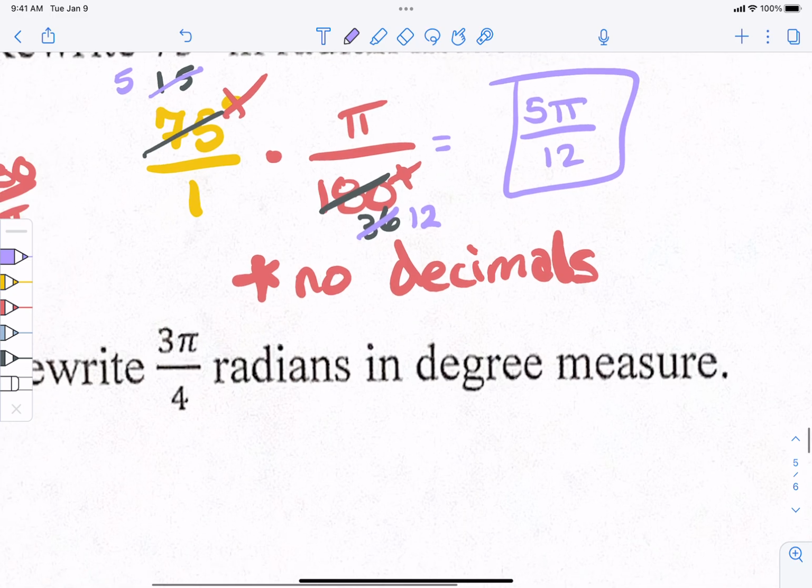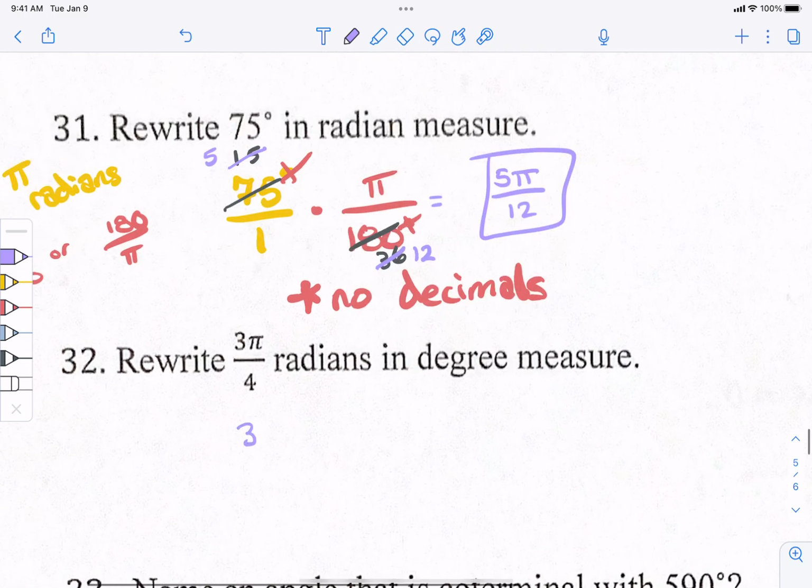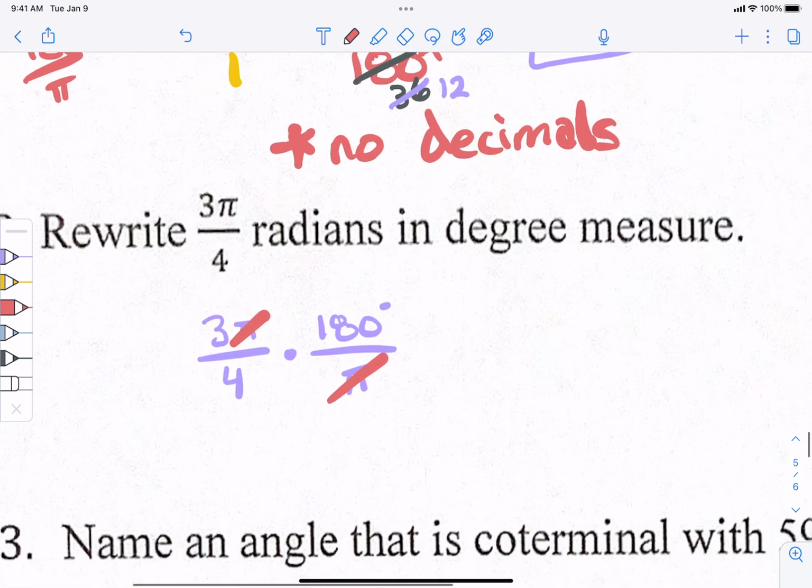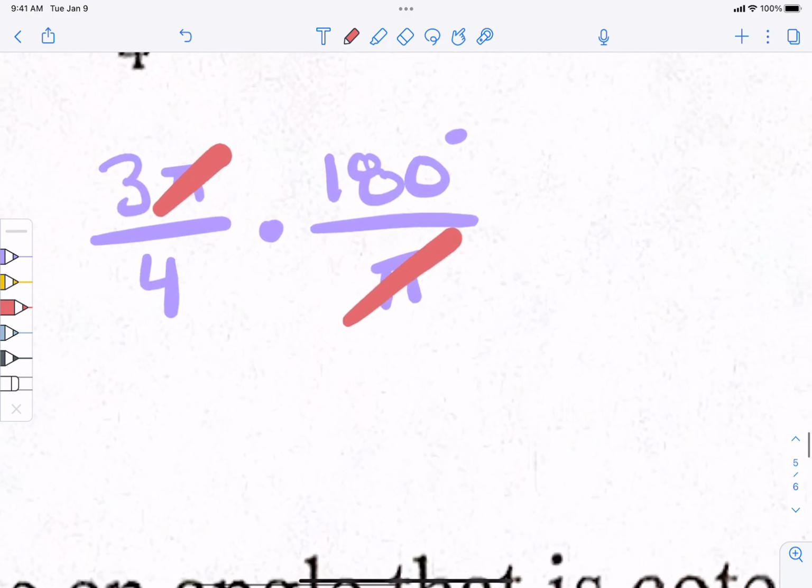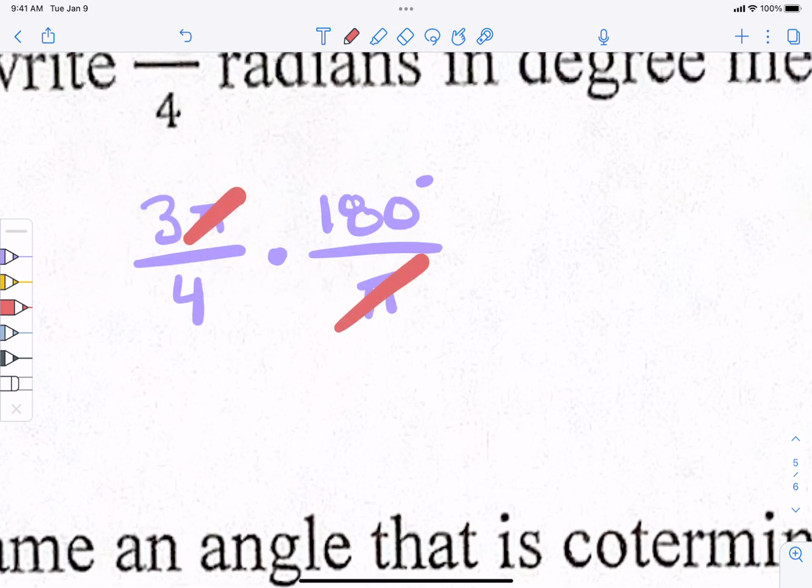Now if we're going the other direction, we're going radians to degrees. It's the same process, except this time we multiply by 180 degrees over pi. And when I do that, the pi's cancel, okay? And then all I have to do is reduce. So I look at 4 and 180, and I think 4 goes into 180. 180 divided by 4 is 45 degrees.